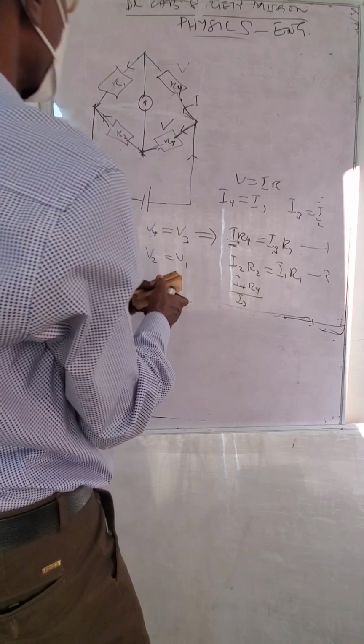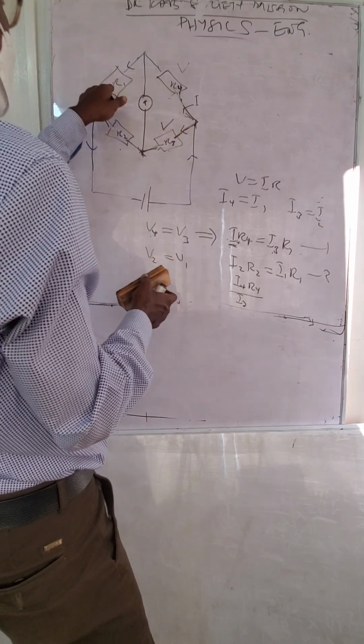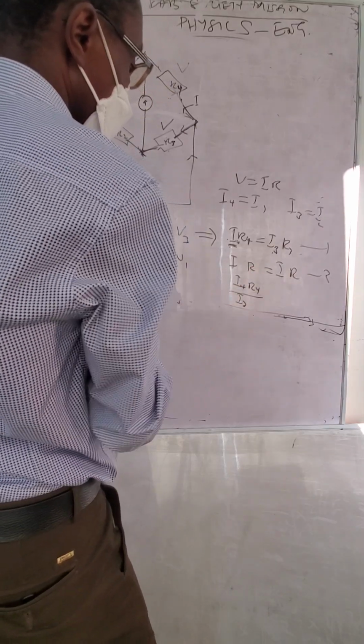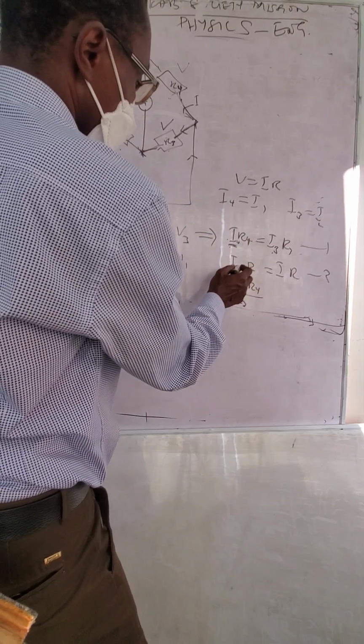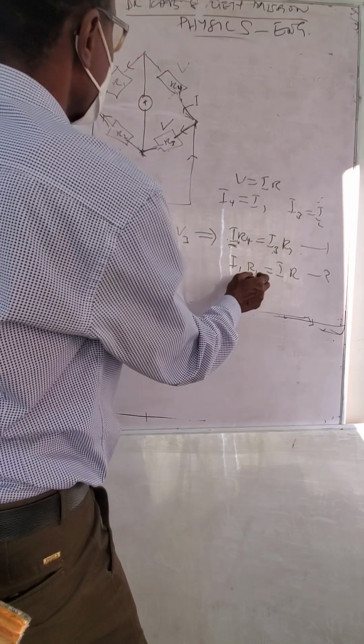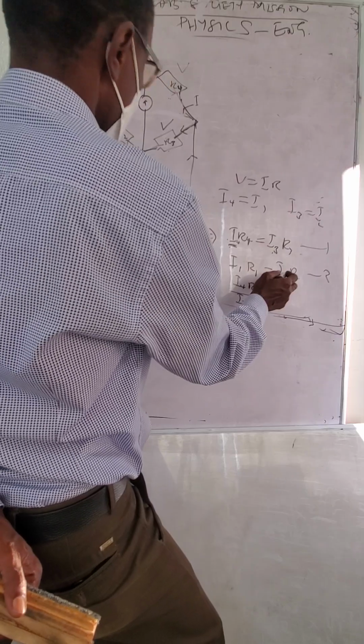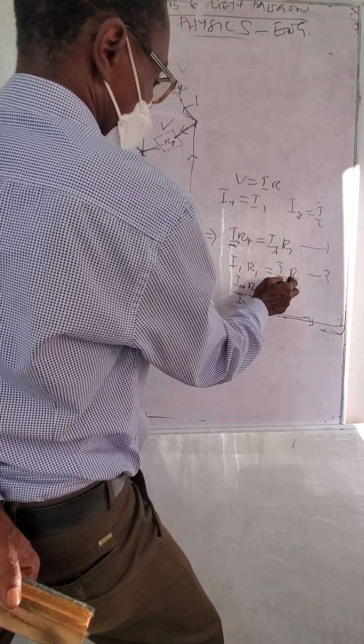I want 1 and 4 on the same side, because I4 becomes the same as I1. That will simplify the equation for me. So this is I1, and then there's I2.